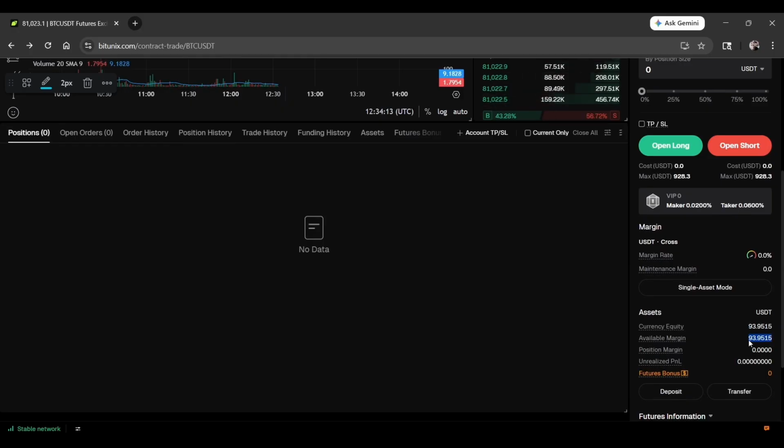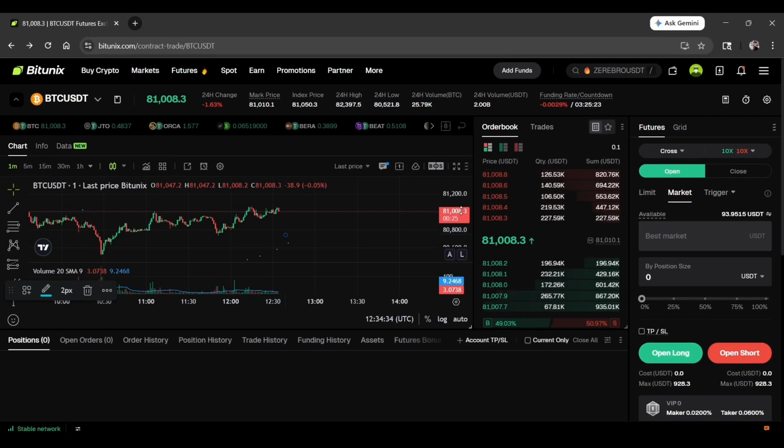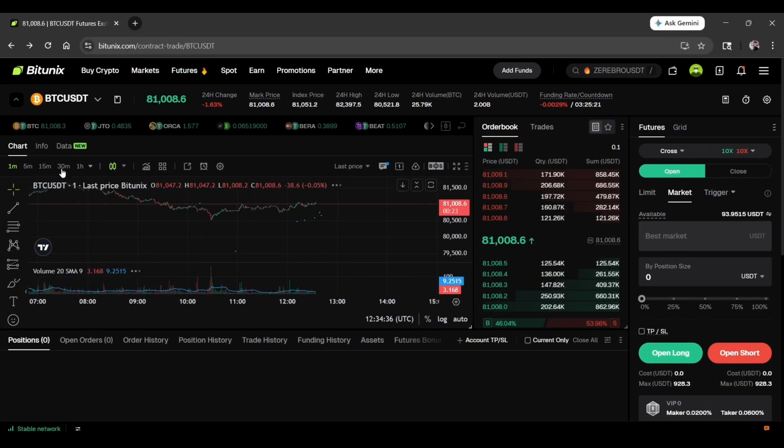So if I open up a $93 position, my leverage on that trade is going to be 1, because it's just 93 divided by 93. Before I move on to the next section, what is my liquidation price going to be with a $90 position on cross? It's going to be literally 0, because in order for me to get liquidated, price has to drop 100%, because I'm on 1x leverage.